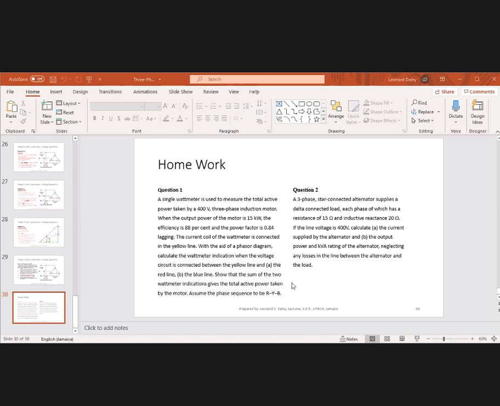No, I'm saying it's a line current, sir. The current supplied by the alternator. Good. All right, so let me bring up the solution then.